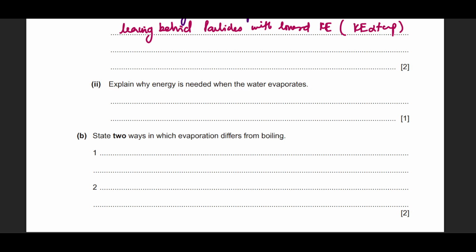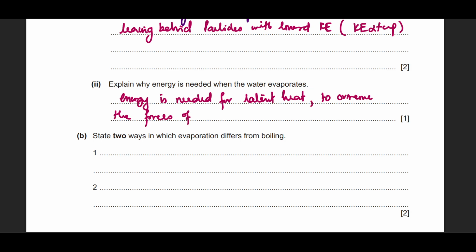So what we can write down is that energy is needed for latent heat. And we understand that latent heat is the energy for the change of state. Energy is needed for latent heat to do what? To overcome the forces of attraction between the water molecules.